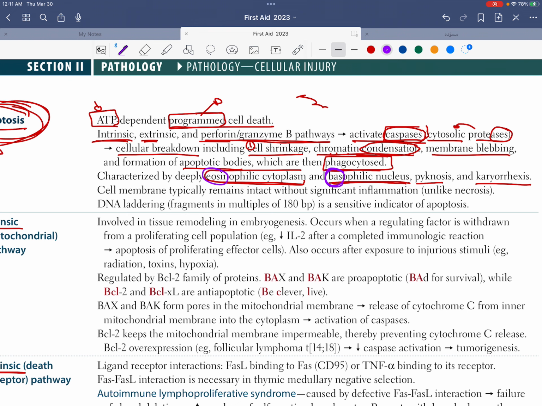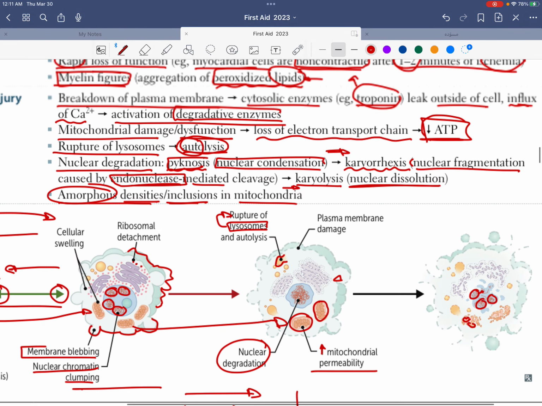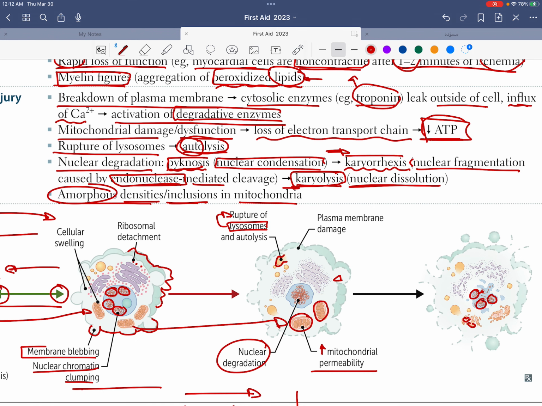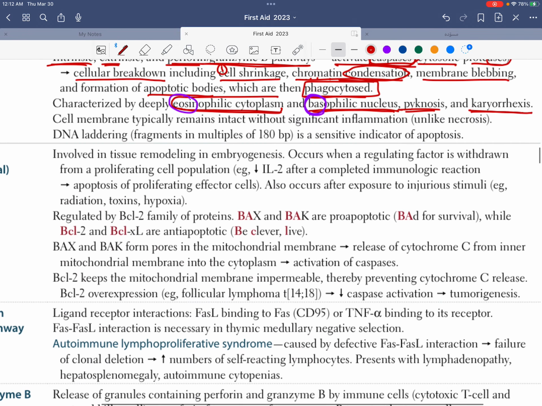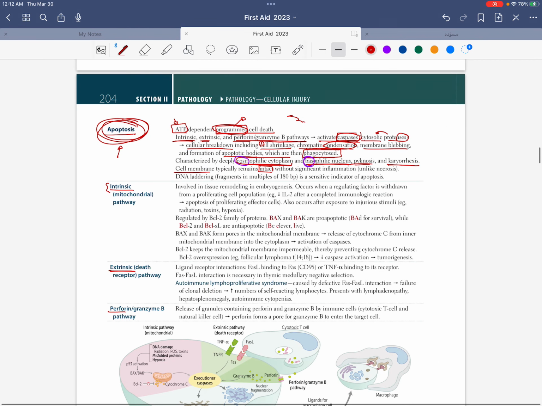For the genetic material, the chromatin, it could be pyknosis or karyorrhexis, and these are the very worst stages that the chromatin material can get to, that's karyorrhexis and karyolysis. In the meantime, the cell membrane typically remains intact. Why is that? Because it's programmed. Even though we're trying to kill the cell, that's within boundaries.